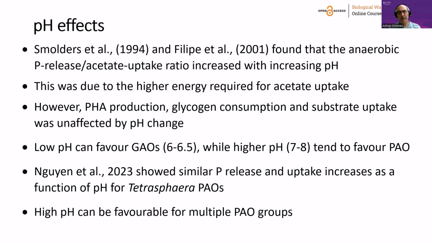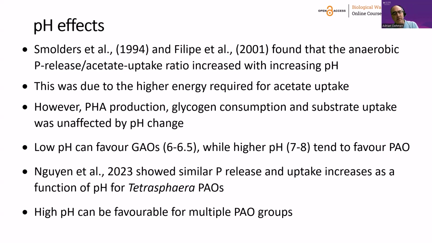Basically, this higher P release and uptake increases as a function of pH, and is favorable towards not just the conventional PAOs like Accumulibacter, but also the Tetrasphaera PAOs. And so that can provide a synergistic benefit potentially for EBPR processes that have a high number of the Tetrasphaera PAOs.